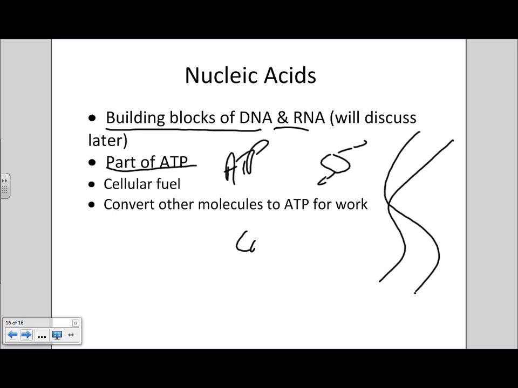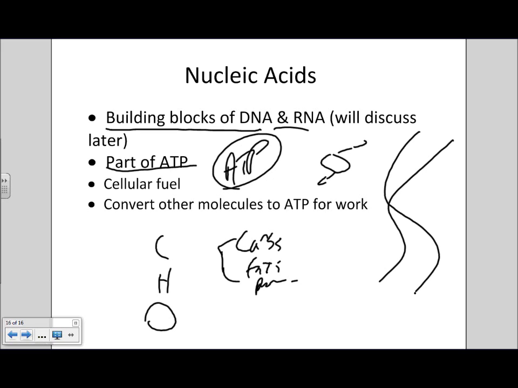When we burn carbs, fats, or protein, what we're doing is stripping carbon, hydrogen, and oxygen off of these molecules, and we're using them to form ATP. We're combining these with a sugar and forming ATP and some phosphates.